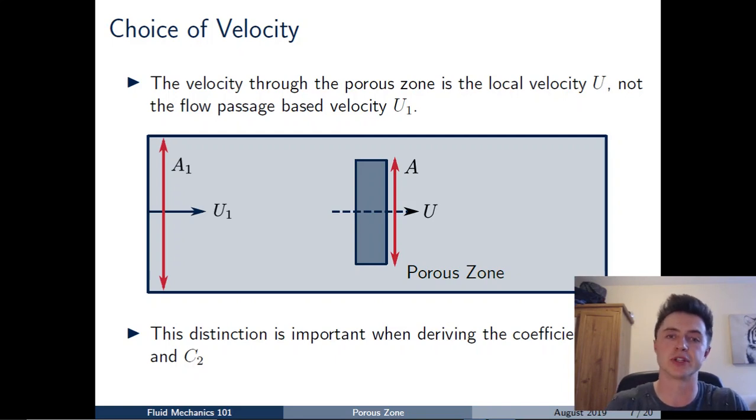And it's very important that the velocity we choose in the polynomial expression for the pressure drop is that local velocity U and not the volume average velocity over the entire flow passage, U1. And this distinction is fairly important later when we derive those coefficients C1 and C2 to make sure that the coefficients we put into our simulation are correct.